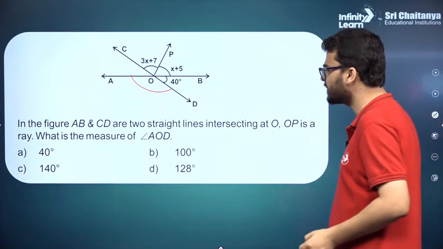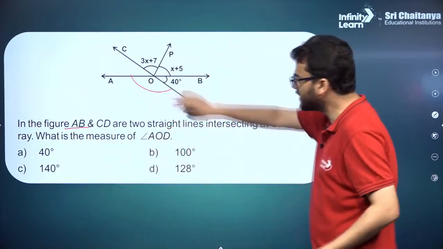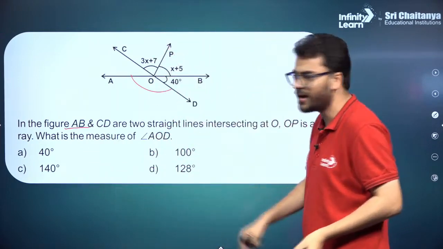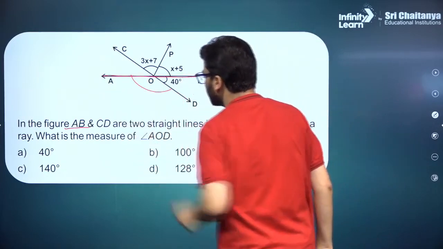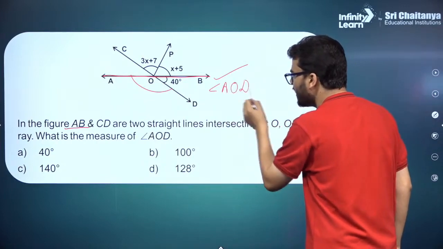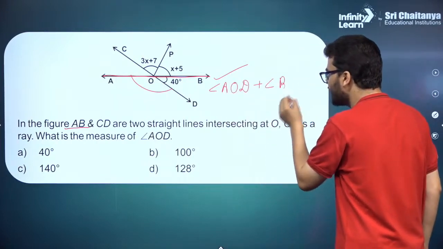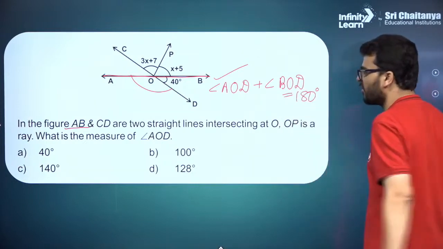Yes, very good. This is very simple because it is given that AB is also a straight line. So these things are given just to confuse you, right? AB is a straight line is already given. So what does it mean? Can I not say over here that angle AOD plus angle BOD will be equal to 180 degrees because they are forming a linear pair over here, right?